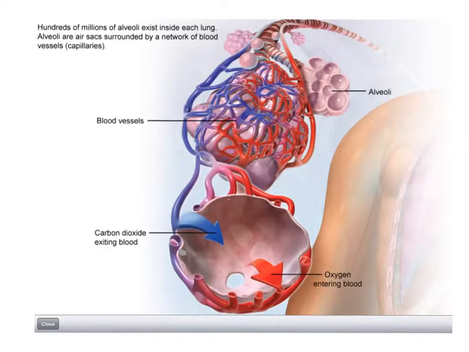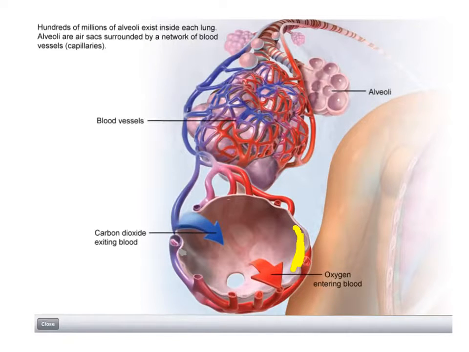So real quickly, diffusion is basically the process where gases try to even out across a membrane. So if there's a lot of oxygen on one side of a membrane, such as the membrane here between the capillary and the alveolus, and not as much on the other, diffusion occurs where the oxygen levels tend to even out across that membrane. And the same thing occurs with carbon dioxide.